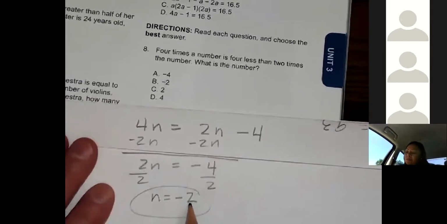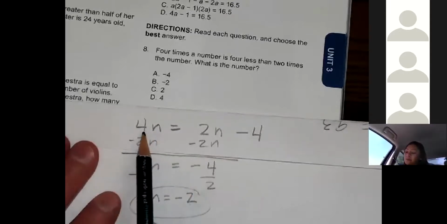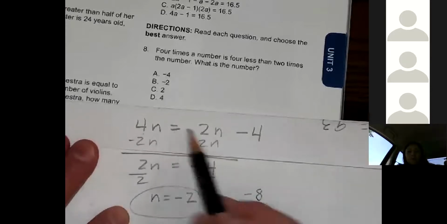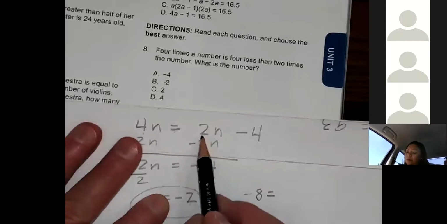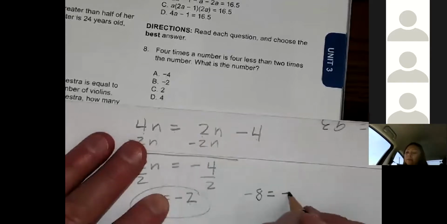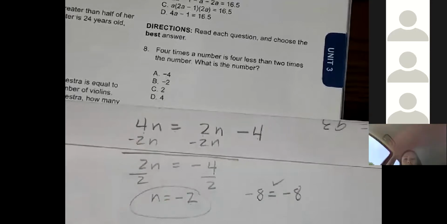If I take -2 and multiply it by 4, I get -8. Is that truly equal to -2 times 2 is -4. -4 minus 4 is -8. Yep, it's very true.